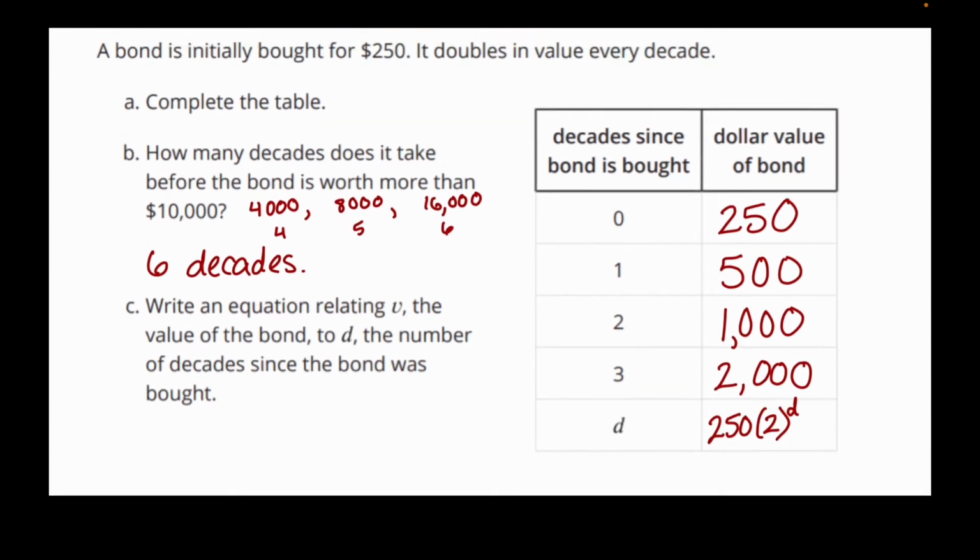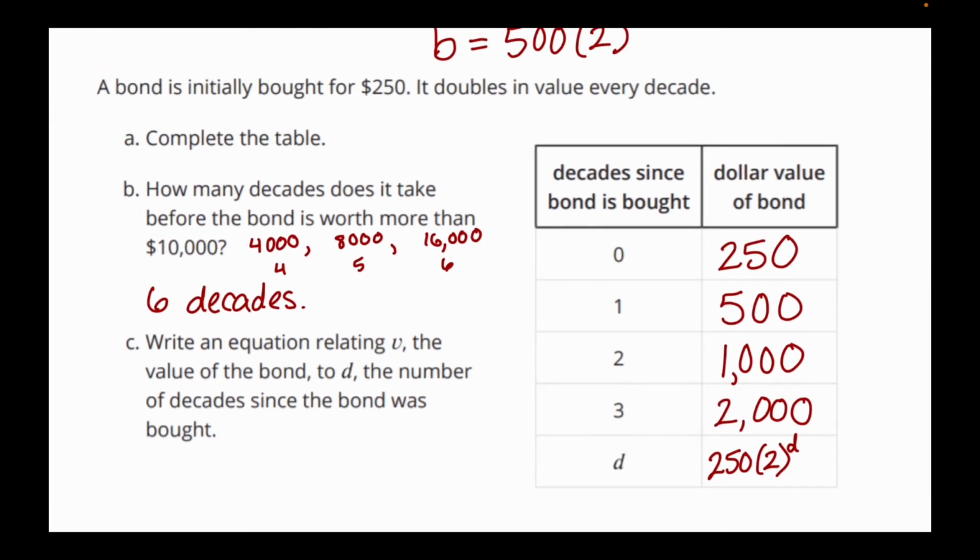So part C asks us to write an equation relating V, the value, to D, the number of decades. And that is where my expression right here, because this doesn't have an equal sign, so it's an expression, we're going to change that into an equation.